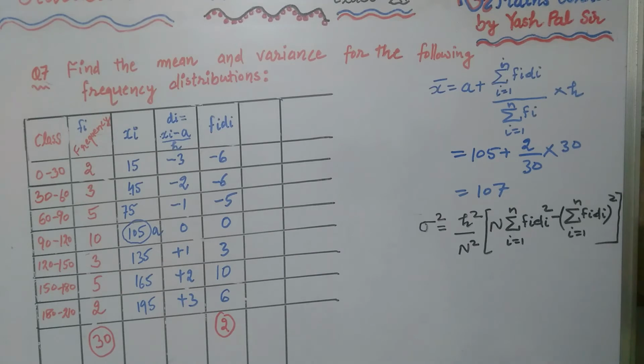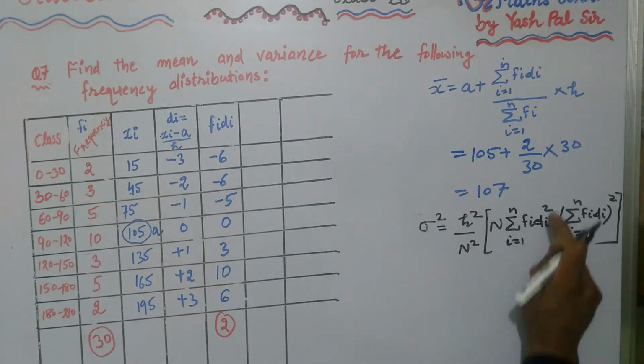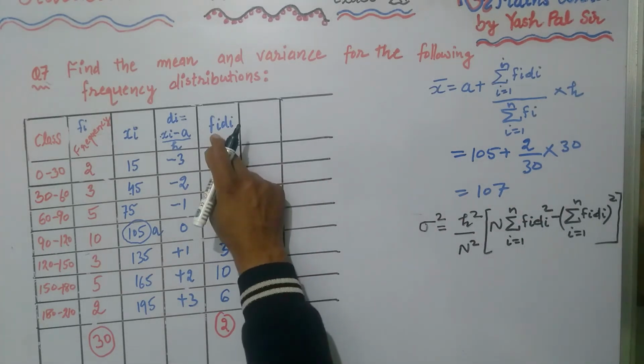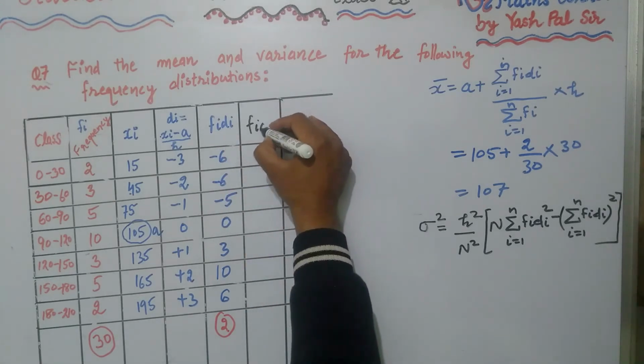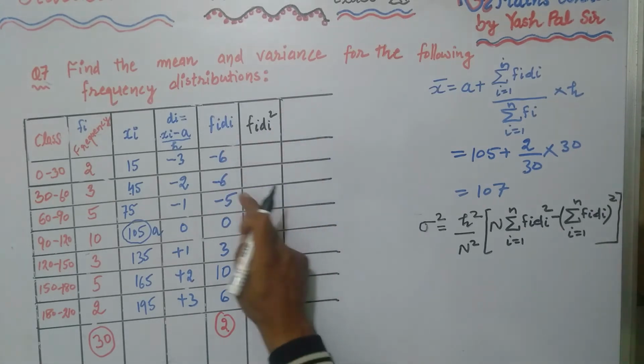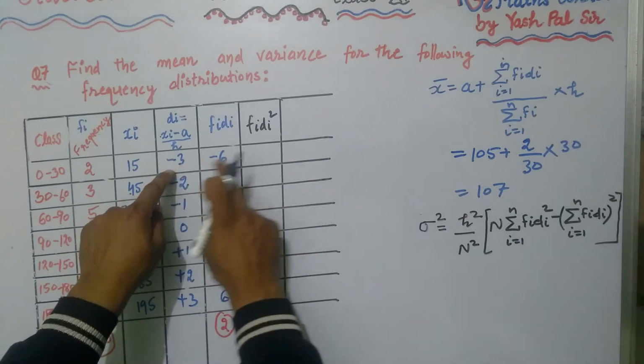So we need fi di square. fi di into di will become fi di square, meaning we multiply these two.